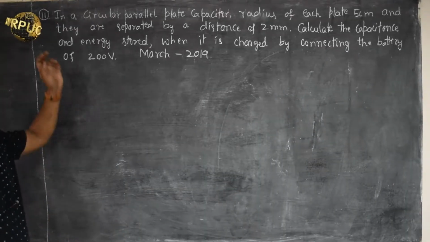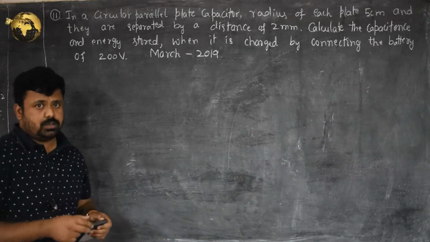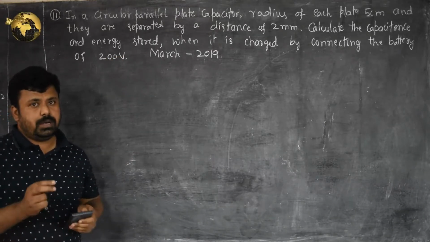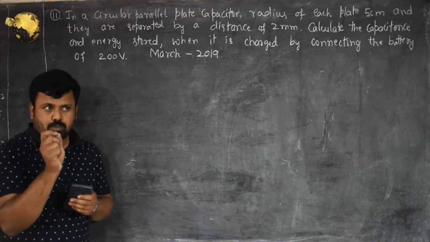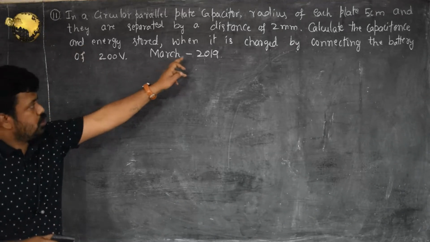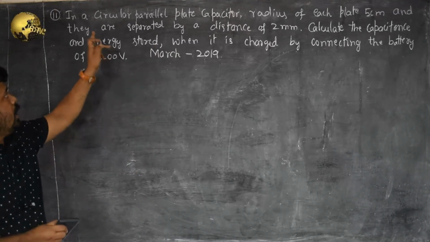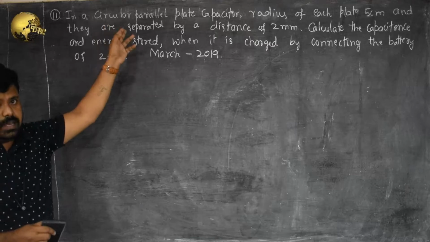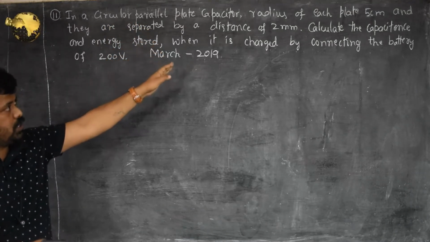Let's start with question number 11 from the first two units. It's also regarding the capacitance of a parallel plate capacitor, with one small difference. I will let you know what that is. It was asked in March 2019. In a circular parallel plate capacitor, so that's the difference. In earlier problems they directly gave the area of the parallel plate capacitor.